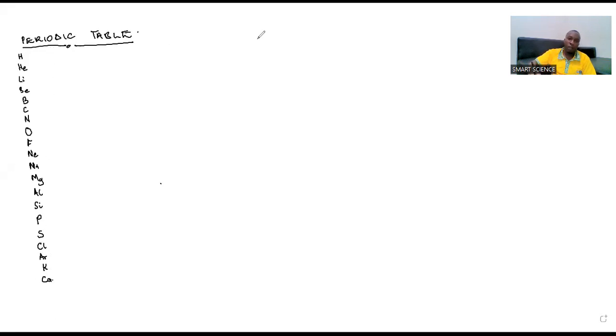These were the first 20 elements, in order of increasing atomic numbers.